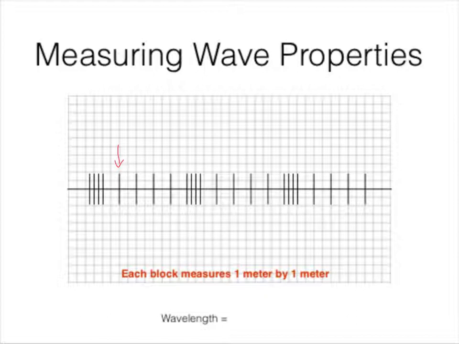And so the next time the wave looks the same, we're over here. And so now we have to measure the distance between those 2 points. Just as before, if we count the number of blocks between those two red arrows, we find that we have 11.5 blocks. And since each block measures 1 meter by 1 meter, our wavelength is 11.5 meters.